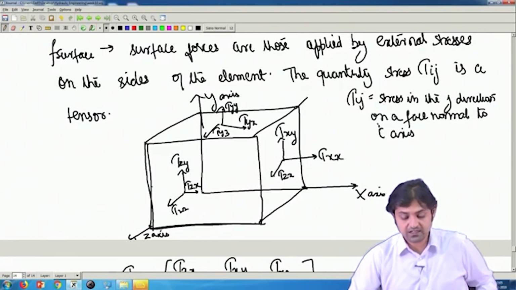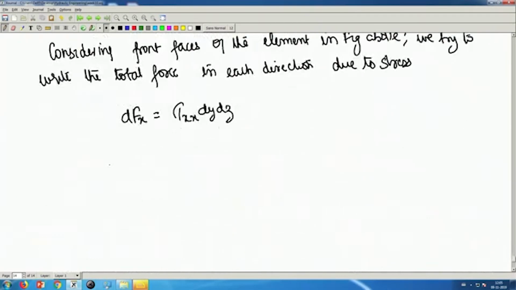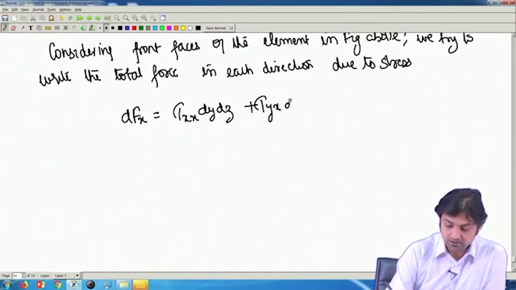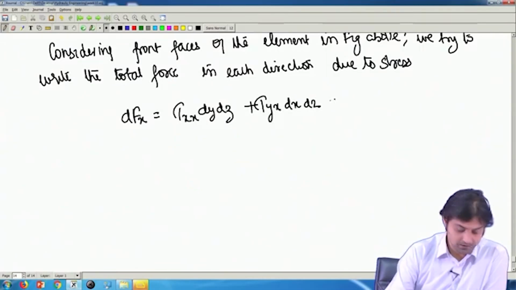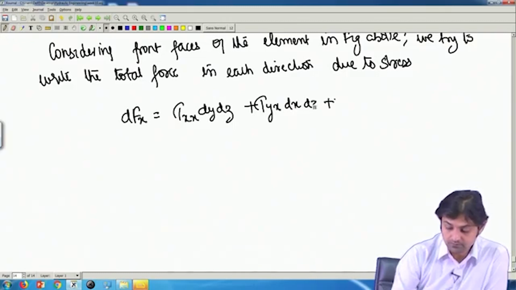So tau xx acts on an area of dy dz, tau yx acts on area of dx dz, and tau zx is acting on the area of dx dy. All right. So dfx is tau xx dy dz plus tau yx dx dz plus tau zx dx dy.